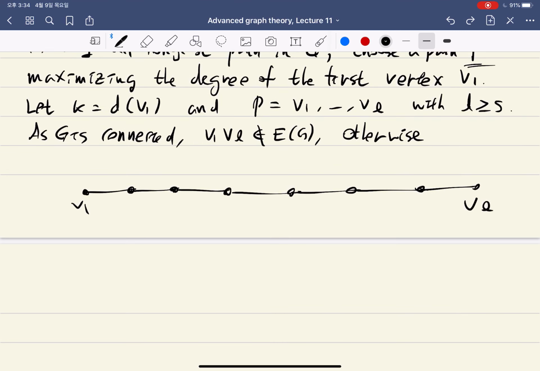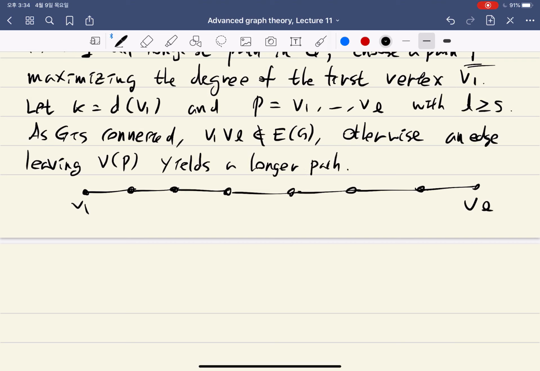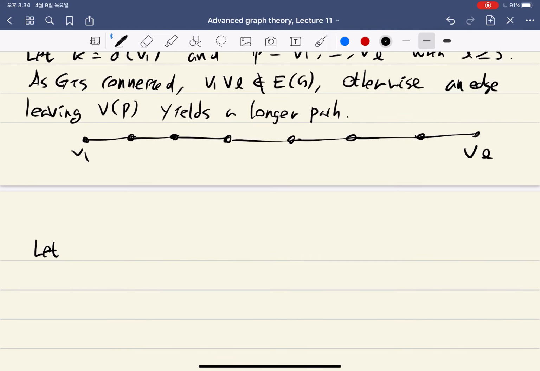Otherwise, an edge leaving P here gives a longer path. So let W be the set of vertices v_i where v_{i+1} is a neighbor of v_1.